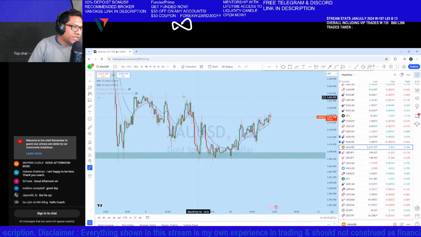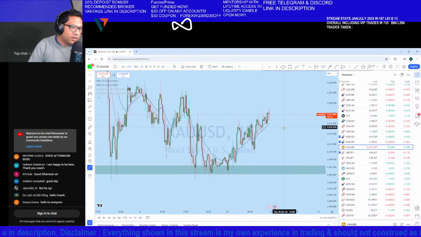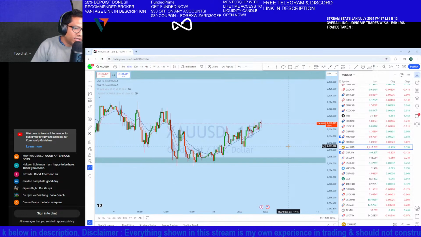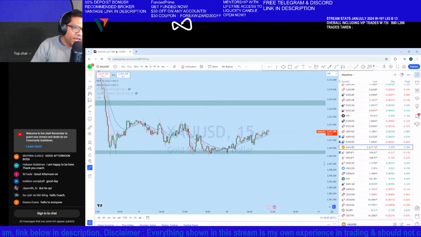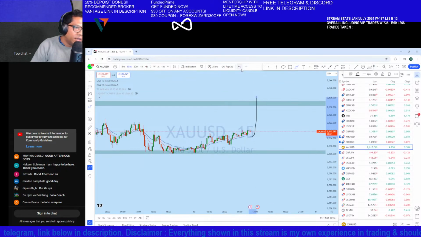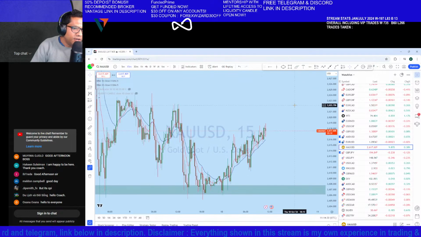What we can expect on the lower time frame from the 15 minutes is that, if we look closely, it is basically trending to the upside, and we may see the price ultimately bouncing back to the upside to create a new higher high potentially.